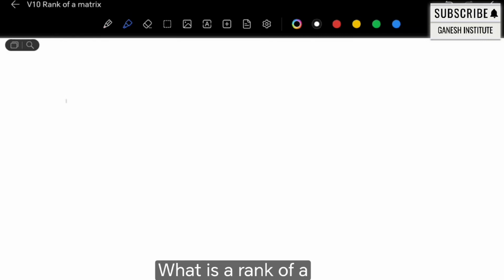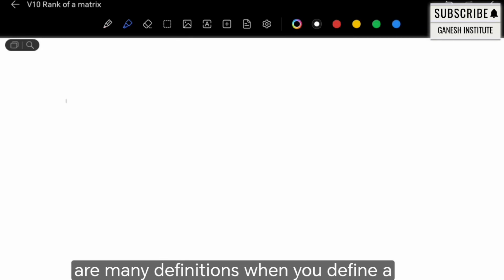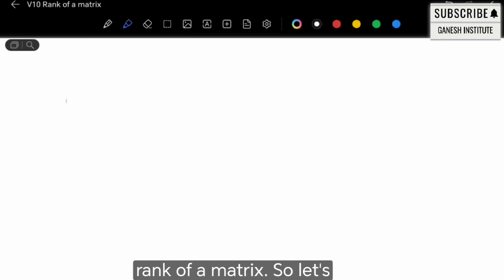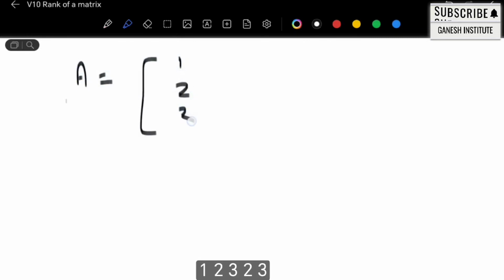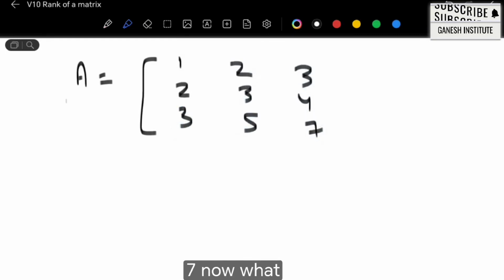What is a rank of a matrix? Basically, there are many definitions when you define a rank of a matrix. So let's start with the basic one. Let's say you have a matrix 1, 2, 3, 2, 3, 5, 3, 4, 7.